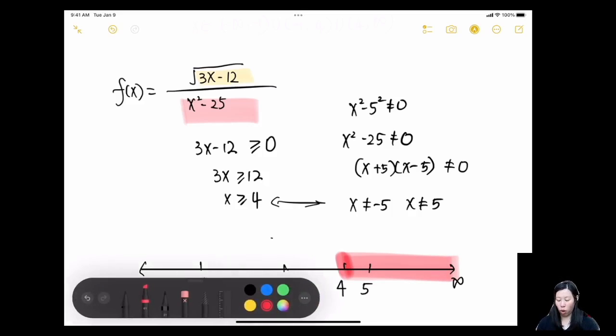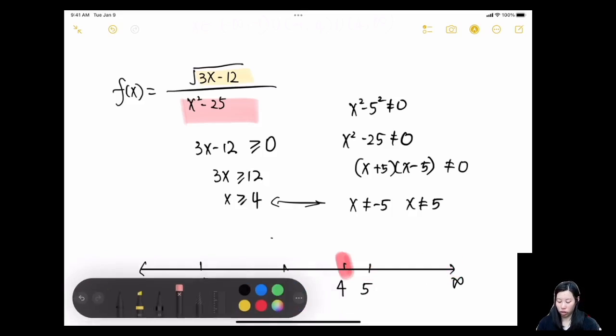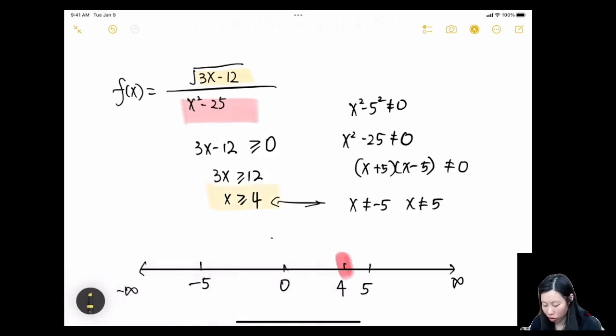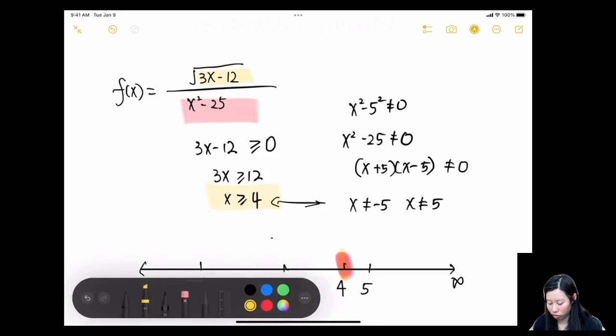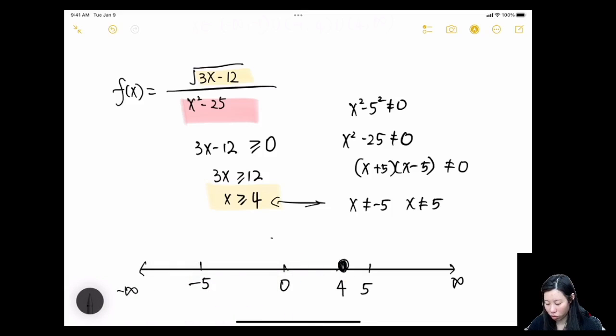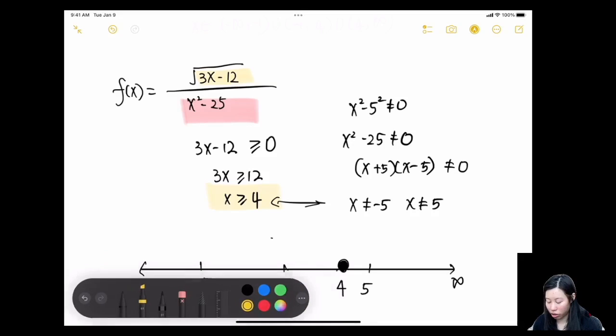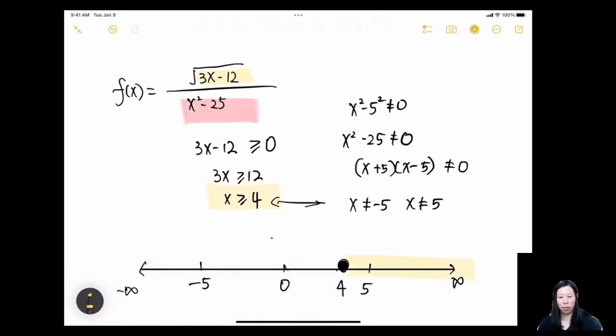But from the yellow part, oh, I should use a different color, sorry. So this part, I'm going to use yellow. So everything can equal 4, including 4, solid dot, and then greater than 4. So from 4 to infinity.